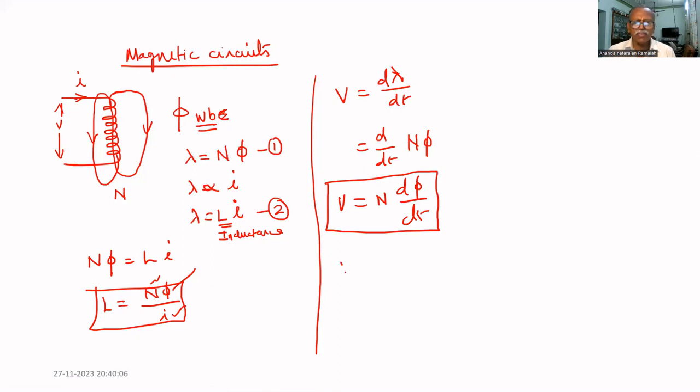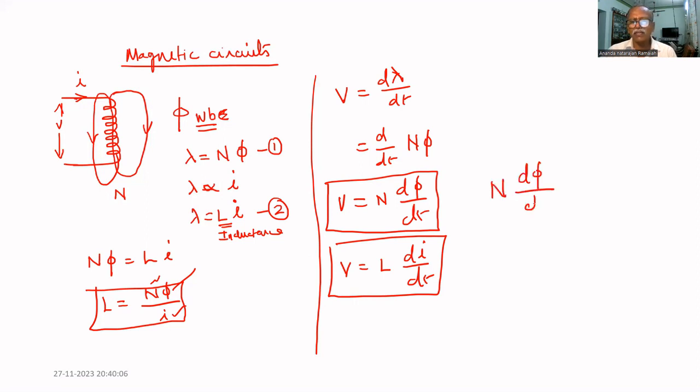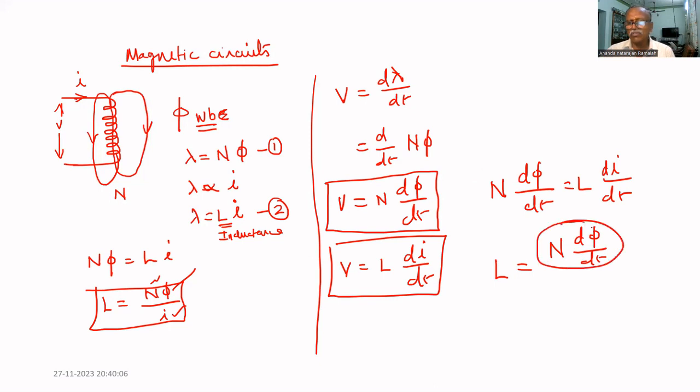In the same way, V is also equal to L di by dt. If current changes, flux also changes. That's why we can say the voltage across the coil is V equal to L into di by dt. Therefore, N d phi by dt equal to L di by dt, or L equal to N d phi by dt, which is in volts, divided by di by dt, the rate of change of current.